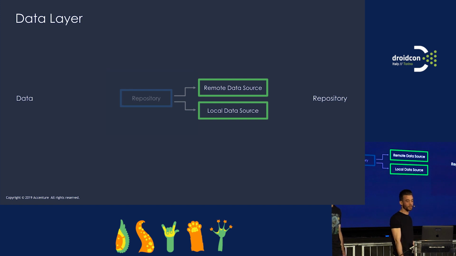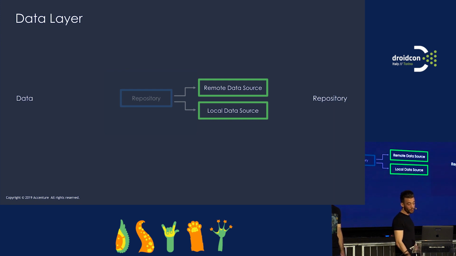The other component is the data source, which simply represents the source of your data. It can be, for example, a database or a remote service. In this example, you can see that we have a remote and a local data source. So then a question arises: what if the two are returning the same data? And how can we choose between the one and the other?